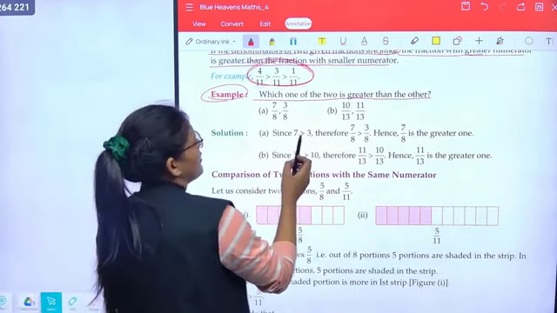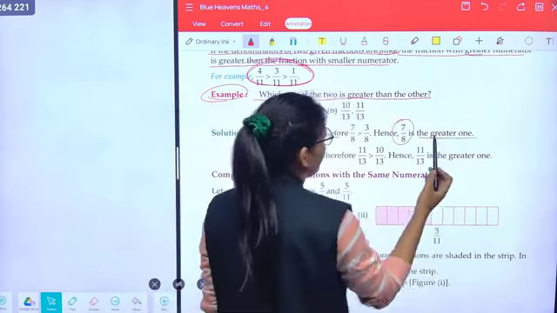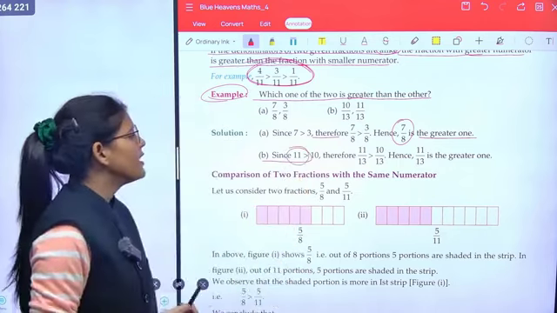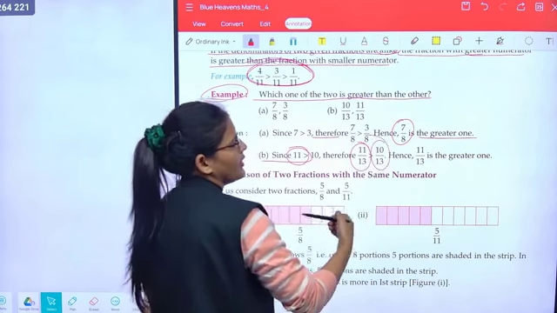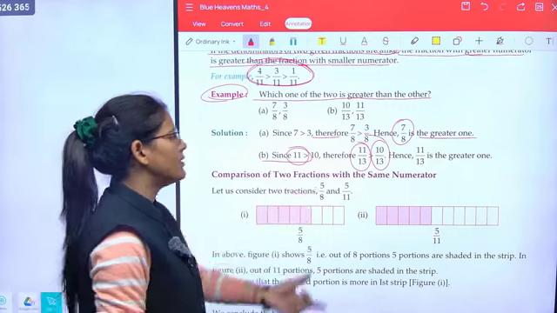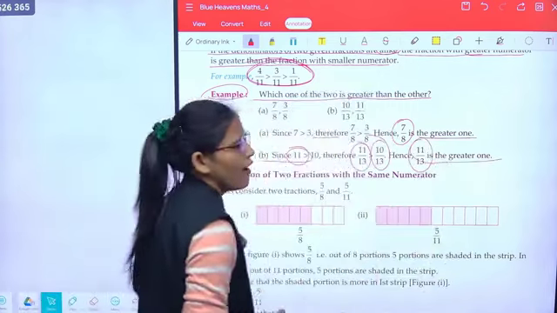Now, since 7 is greater than 3, therefore 7 upon 8 is greater. Since 11 is greater than 10, therefore 11 by 13 is greater than 10 by 13. Hence 11 by 13 is greater.